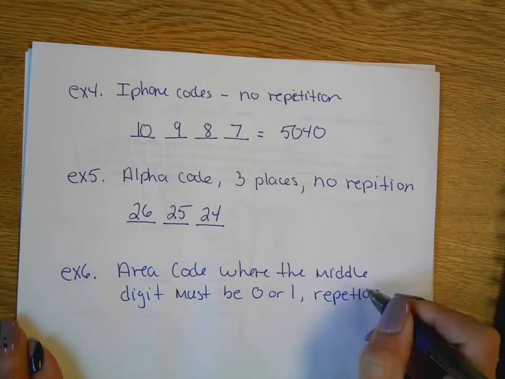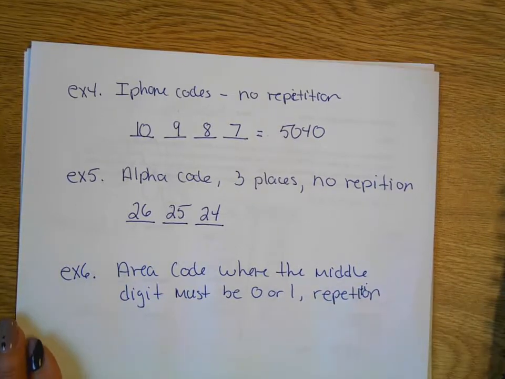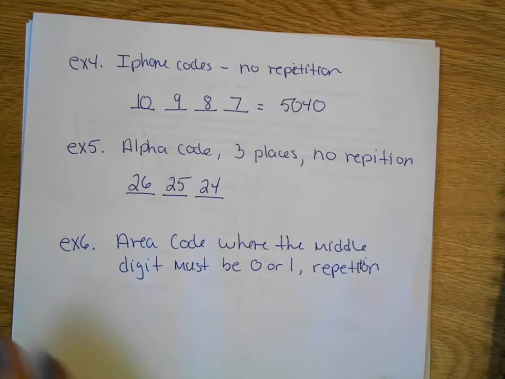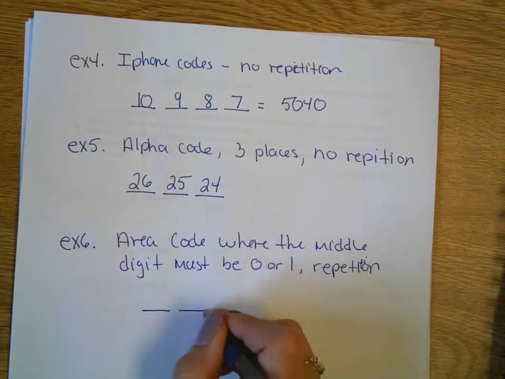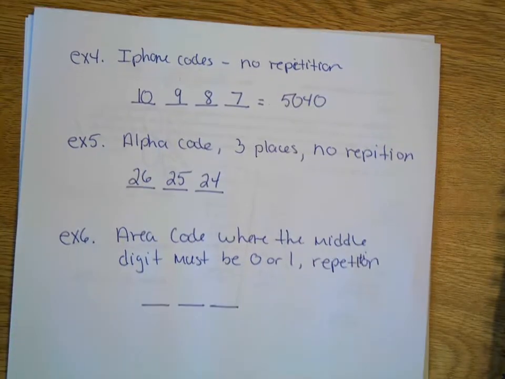Repetition. So area code, how many spots are there on an area code? 3. 3 digits on the area code.